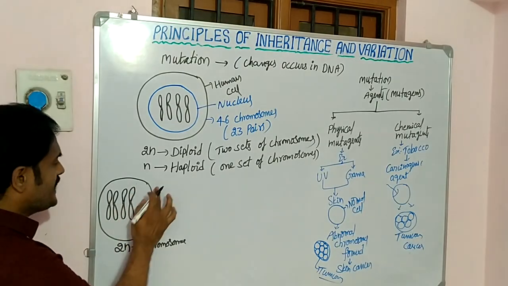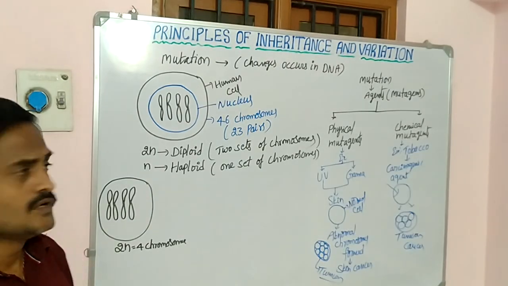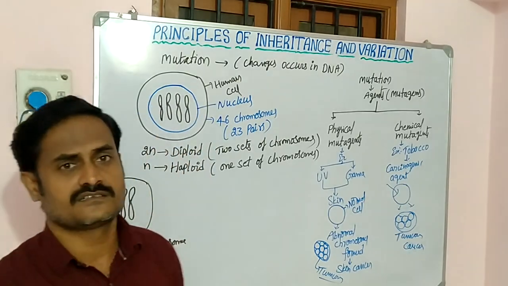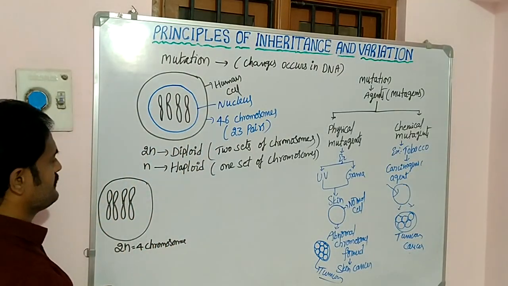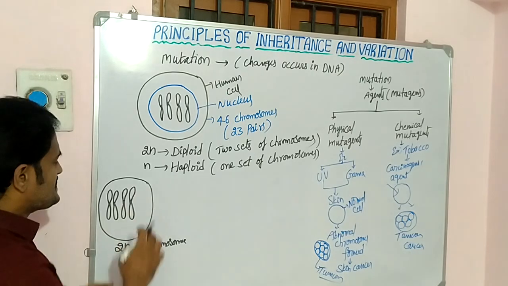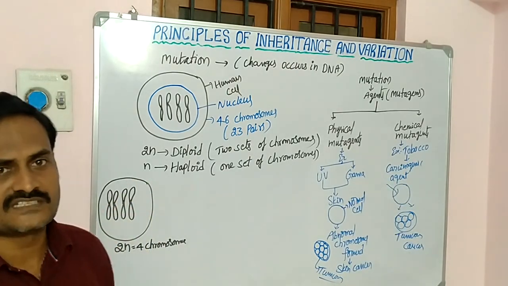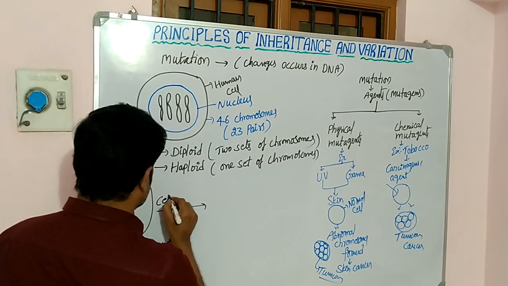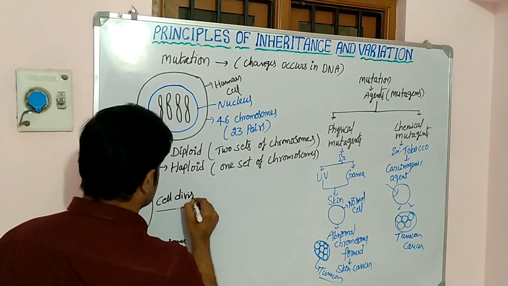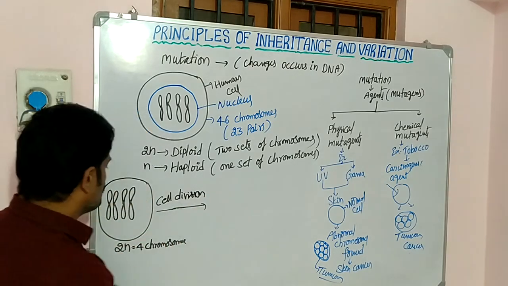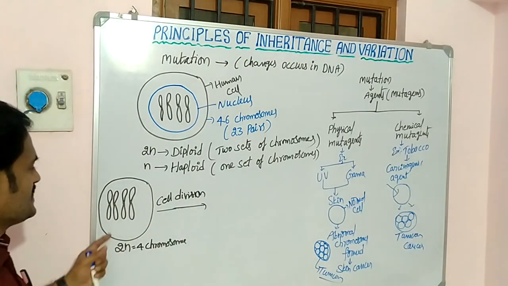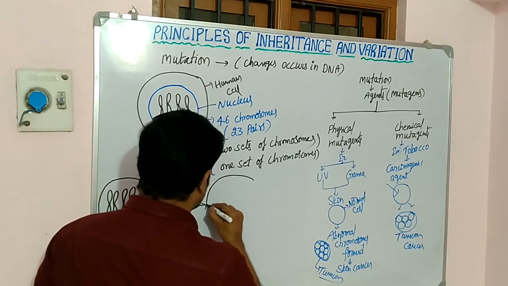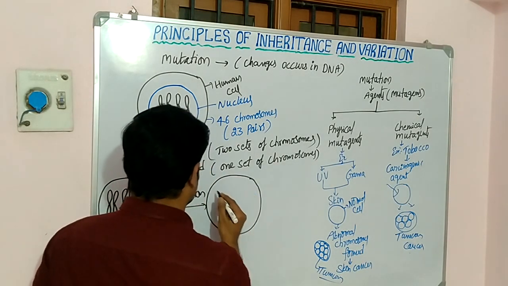So in this 2n condition cell, due to physical mutagens or chemical mutagens, what will happen is that when the cells start to divide, during the cell division some abnormal chromosomes increase in the cell.